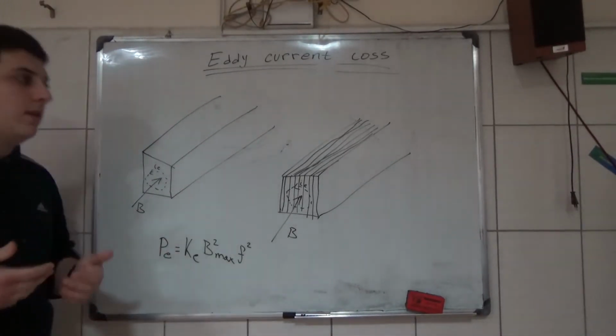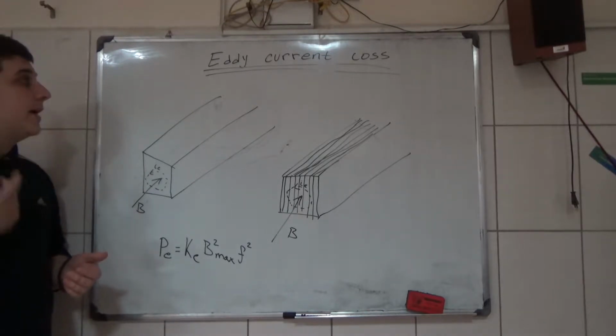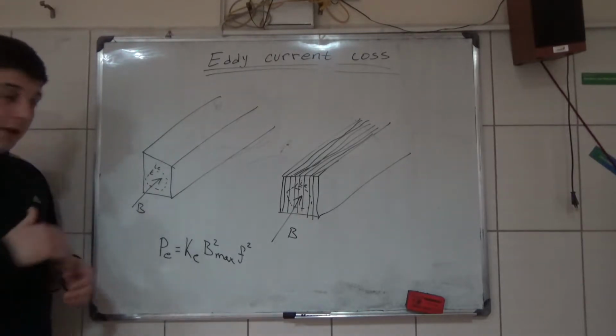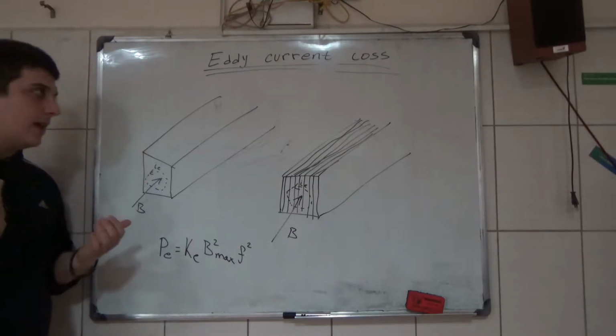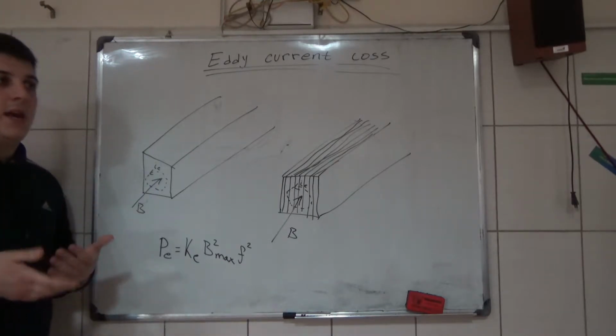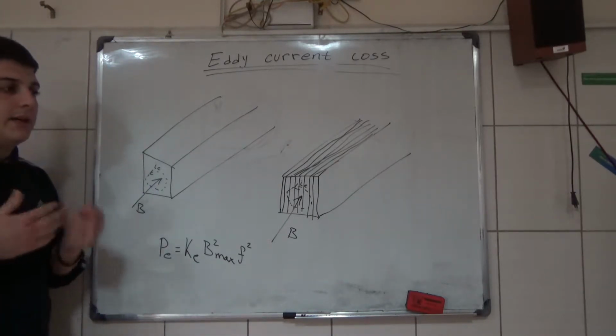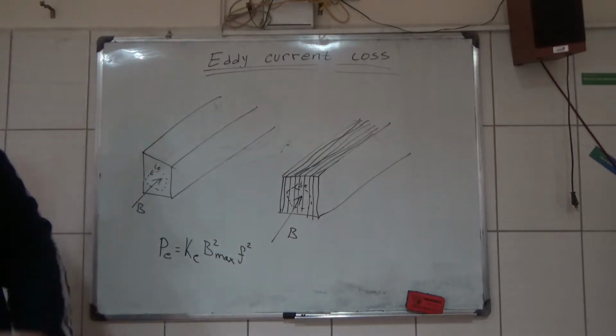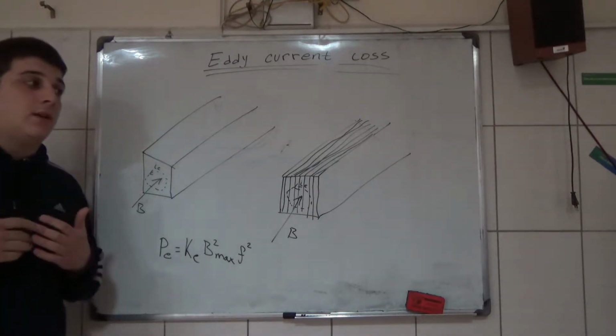This is the 12th video now, and in my previous two videos I explained what hysteresis is and what hysteresis loss is in magnetic circuits. So I hope I did a good job.